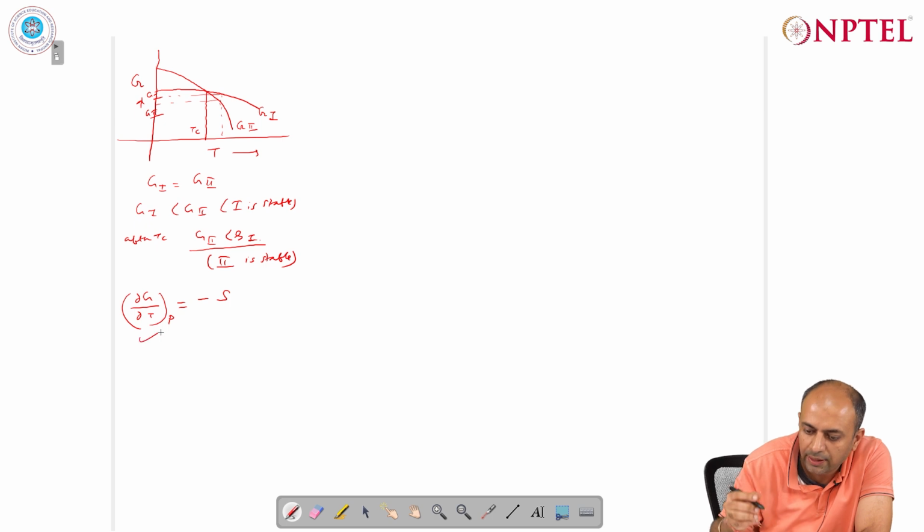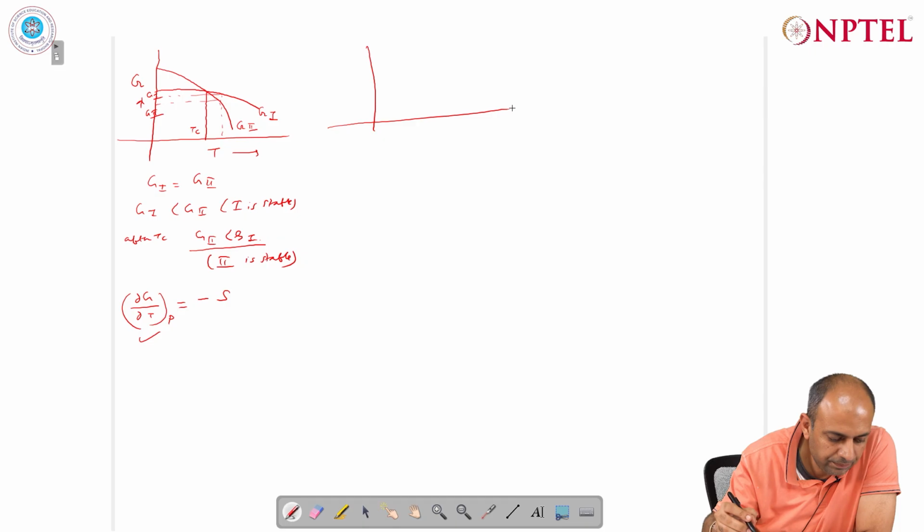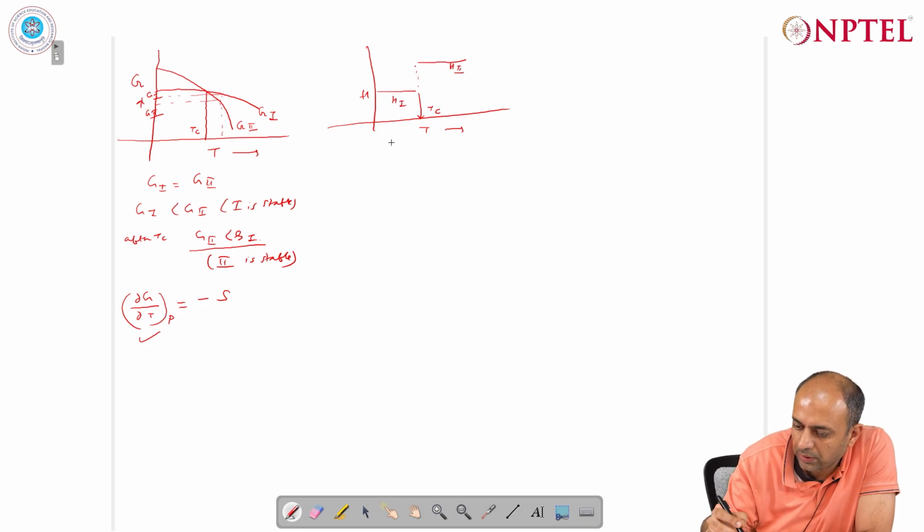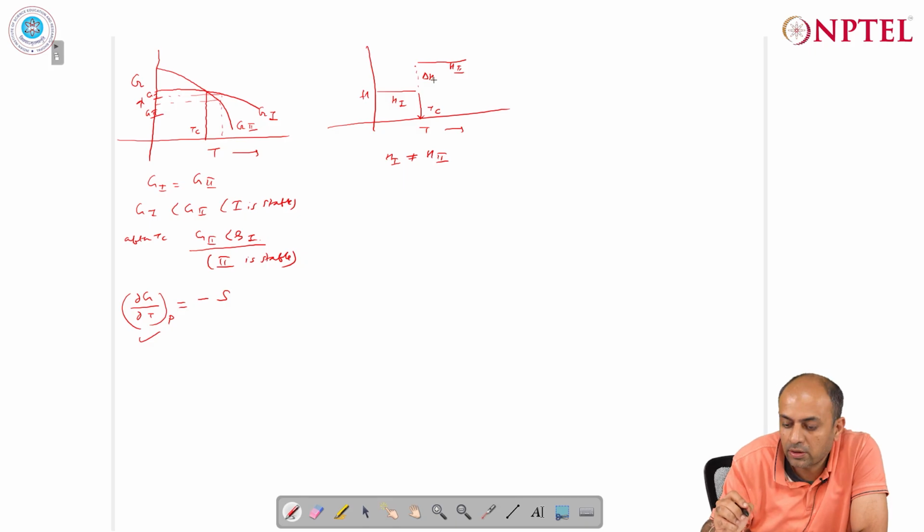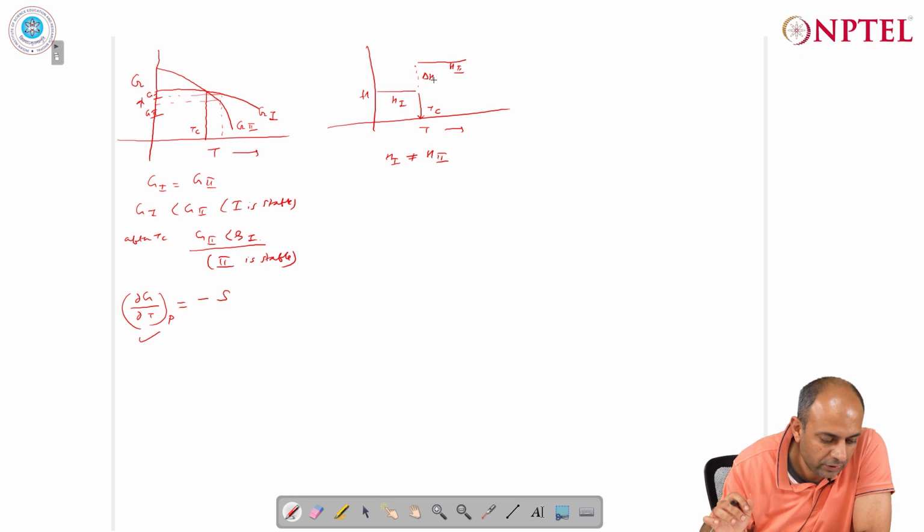Not only does the high temperature polymorph have higher entropy, as is reflected in the more negative slope of del G by del T, we can also look at the corresponding H as a function of temperature, and here it is very clearly shown that at the temperature Tc there is a discontinuity in enthalpy, that is H1 is not equal to H2. This much amount of heat has to be given to the system, and this much enthalpy change takes place at a constant temperature, because the heat that is taken by the system now goes in bringing about the phase transformation.